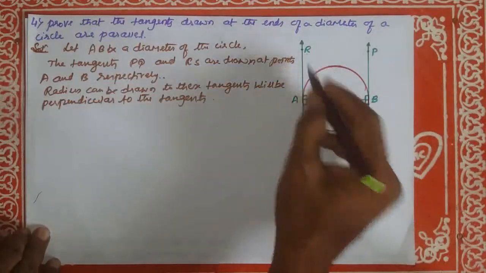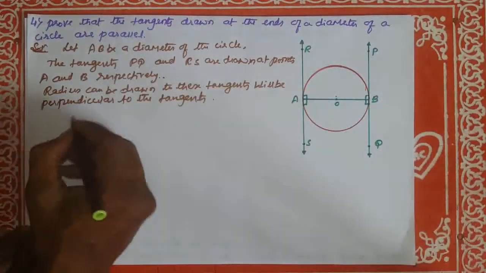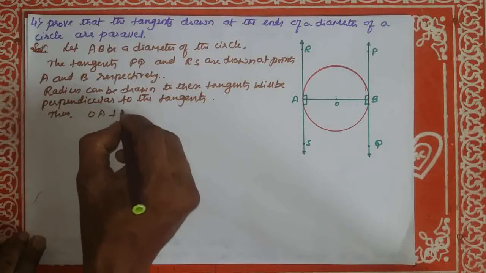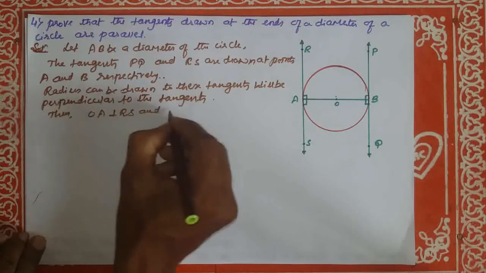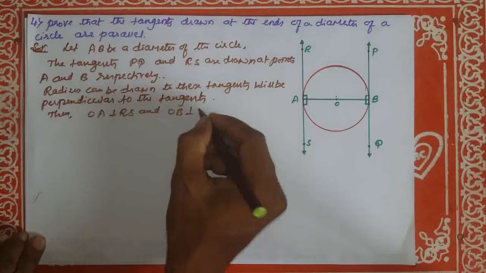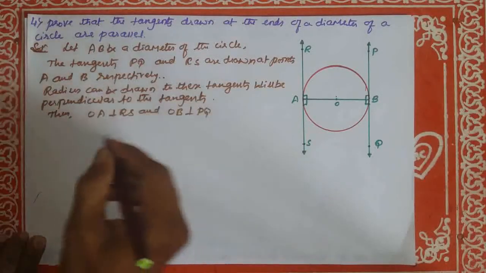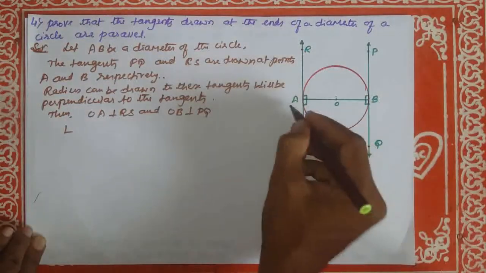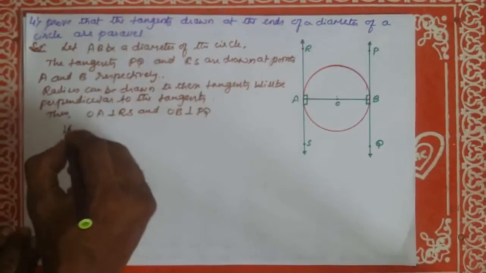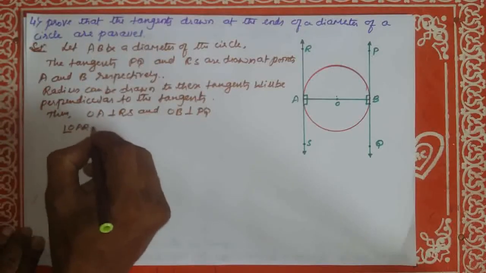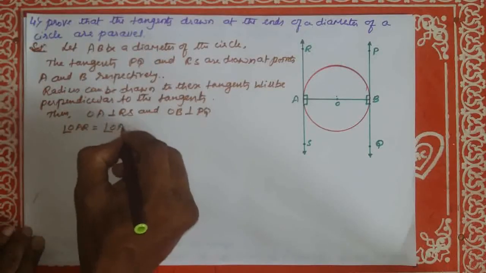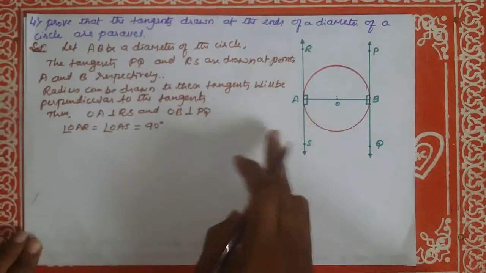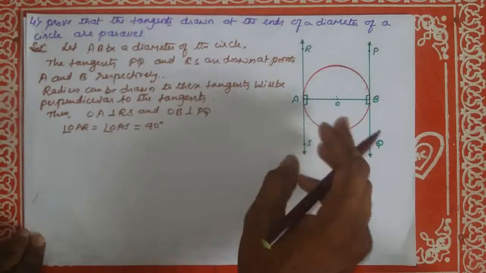Thus OA is perpendicular to RS and OB is perpendicular to PQ. And angle OAR is equal to angle OAS, which is equal to 90 degrees, because radii drawn are perpendicular to the tangents.